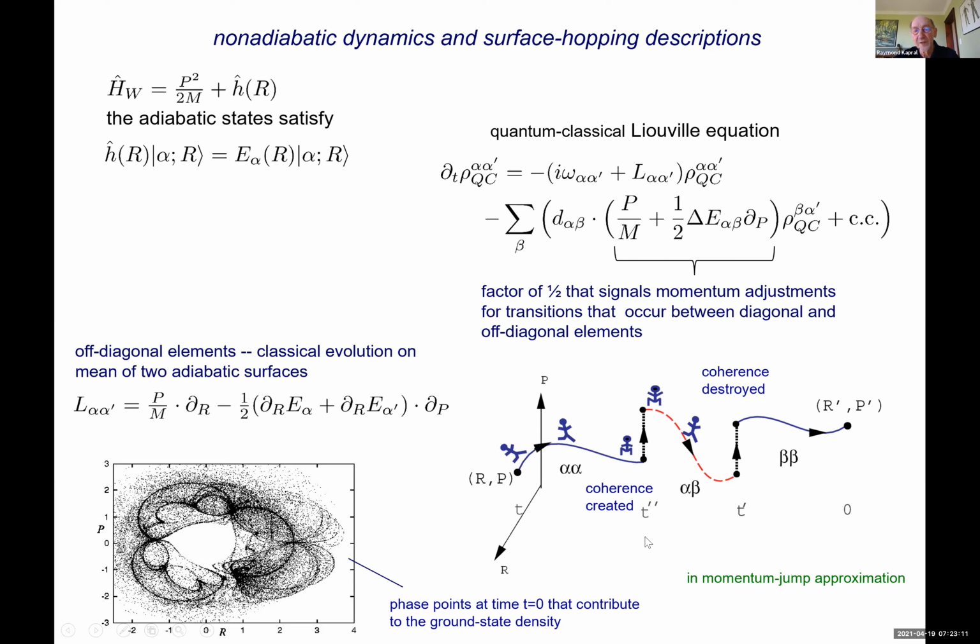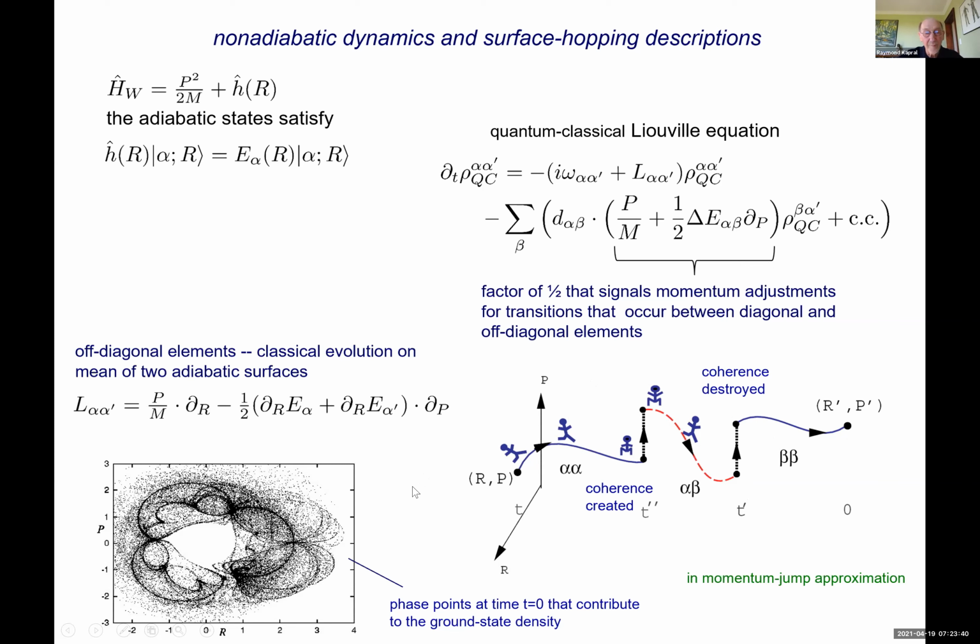So at this point, at some intermediate time, you have a non-adiabatic transition. And then you evolve on an off-diagonal element of the density matrix, and you carry along a phase. So you've created a coherence, and then at some later time, you have a corresponding jump to another adiabatic state, and you destroy a coherence. And really, you have to consider the ensemble of all of these trajectories in order to compute the density at this point.